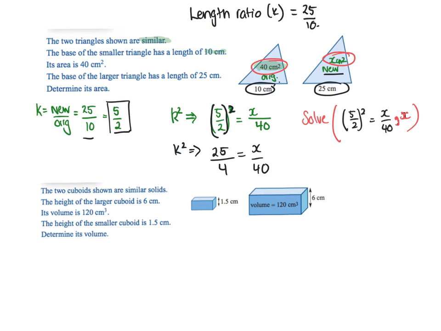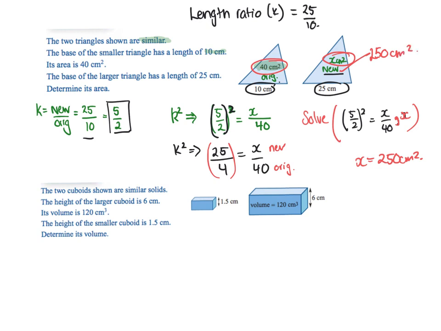The area of the original is here, and this is the area of the new one, and I'm comparing it with K squared. You can just pop that into your calculator and solve to find the area. I might just pause. So we got x to equal 250 centimeters squared. So this triangle's area is 250 centimeters squared.